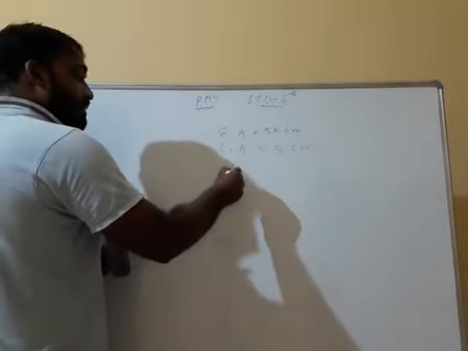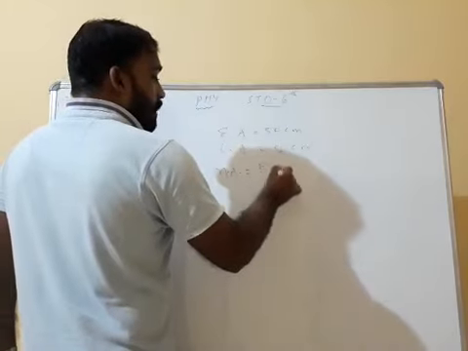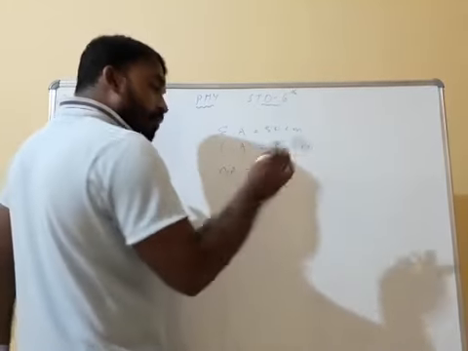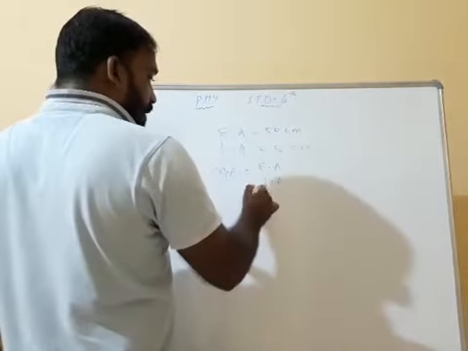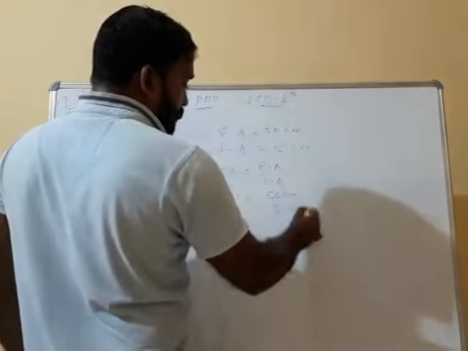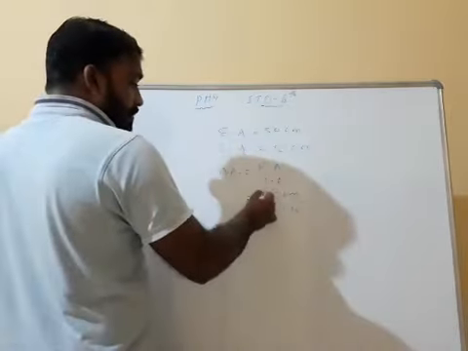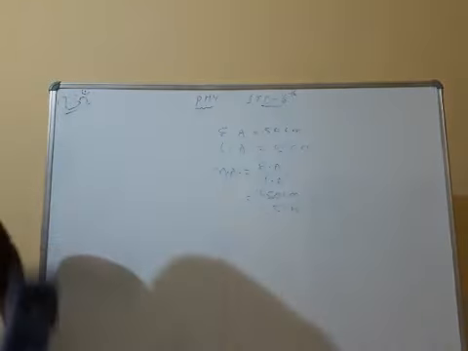Find the mechanical advantage. I told you mechanical advantage is equal to effort arm by load arm, or load by effort. But here arms are given, that's why effort arm by load arm, that is 50 cm by 5 cm. Centimeter cancels. 5 tens are 50, so the mechanical advantage is 10.